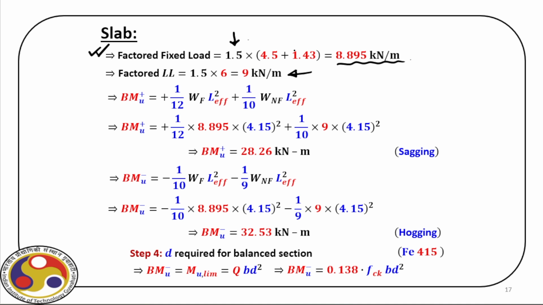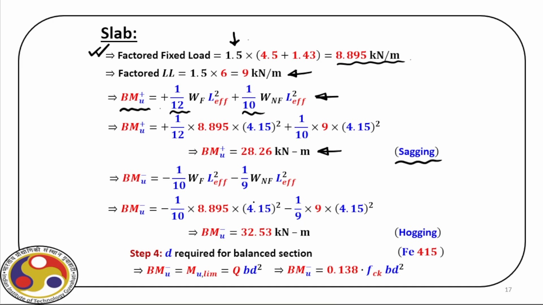And then based on the support conditions, we can find out bending moment positive, which is here. That comes from this coefficient that we directly get from the Codal provisions. So positive bending moment, what we have is 28.26 kilonewton meter, which is sagging.